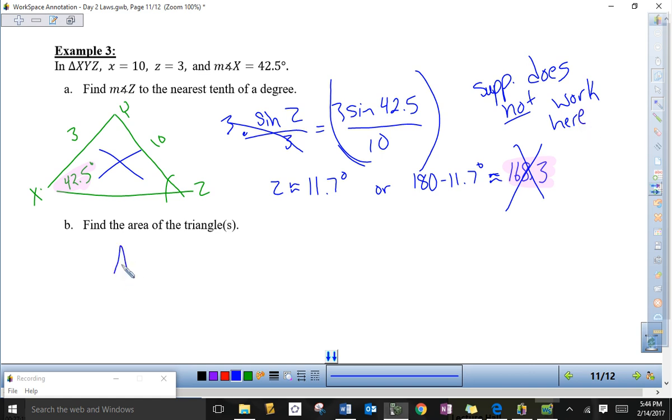The area, we're going to take 1/2 the sides we were given, and then sine of the angle in between. Okay, my angle down here was 11.7, so I just have to go find the angle that's in between. Okay, that should be 125.8.